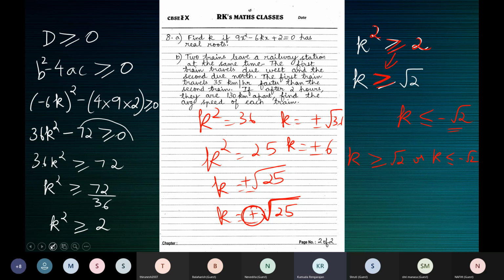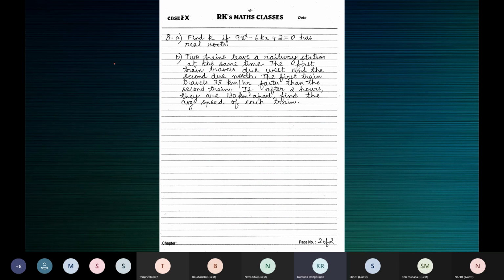Let me just give you some more examples. Supposing we have k squared is less than or equal to 100. So we know k will be plus or minus 10. What you have to do is use the same inequality and write the positive square root, and reverse the inequality and write the negative square root.